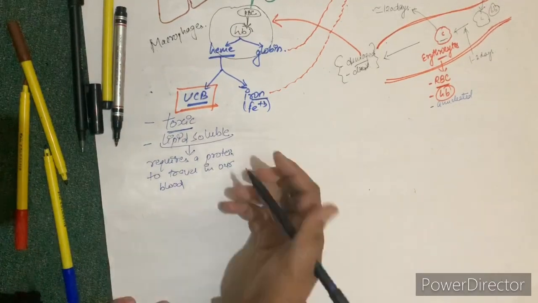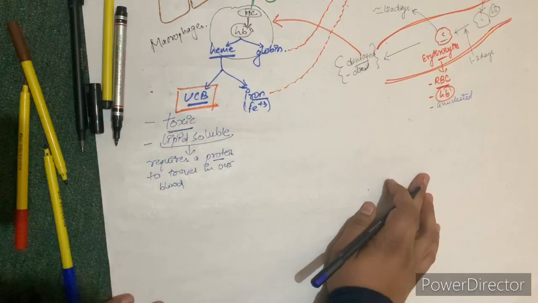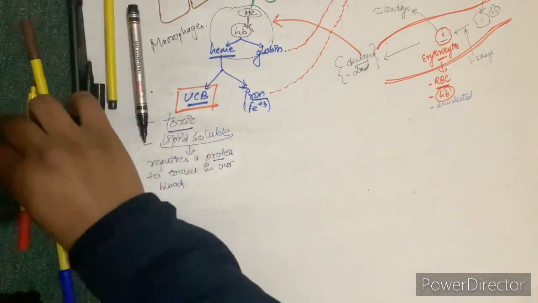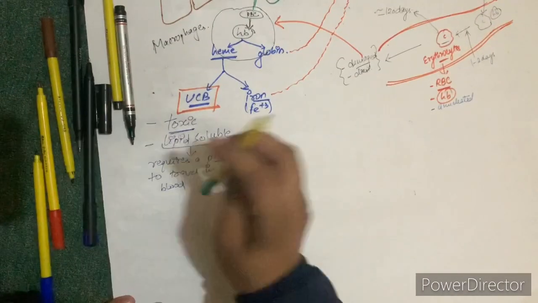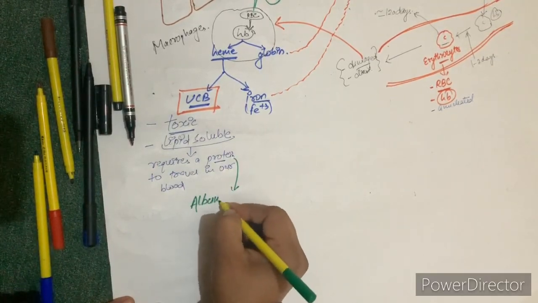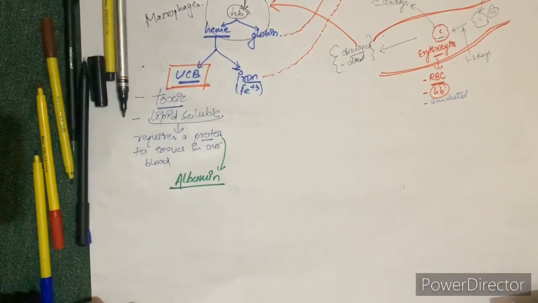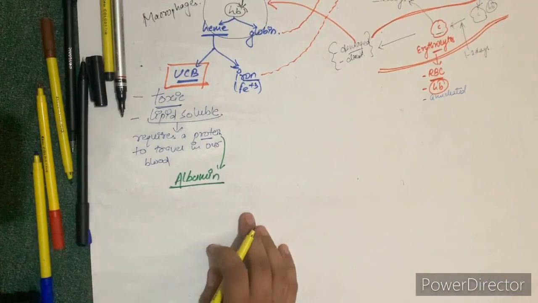You may ask which protein is required to carry this unconjugated bilirubin. It is albumin. With the help of albumin, this unconjugated bilirubin travels in our blood.